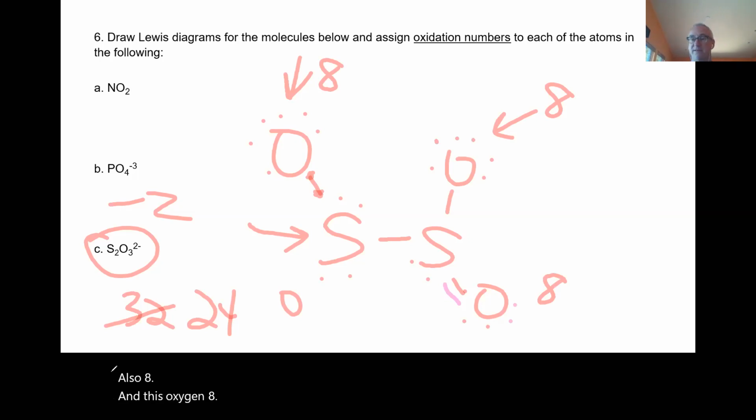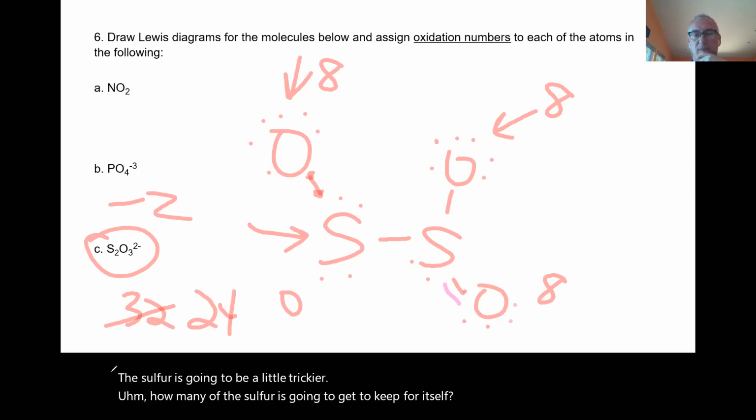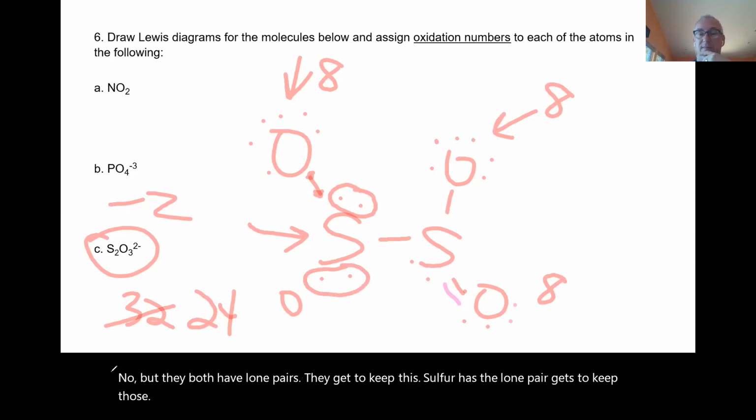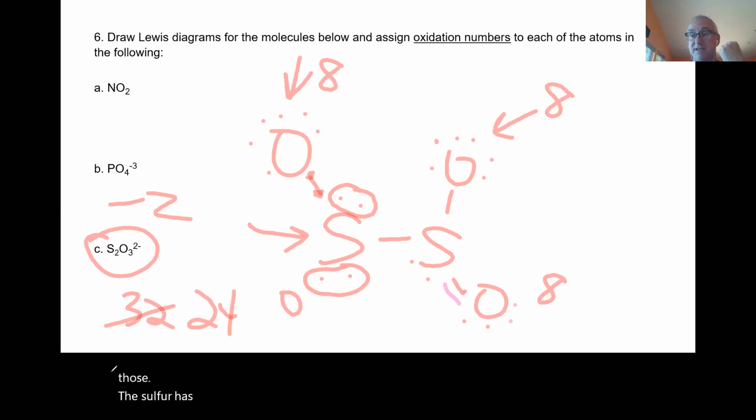Now, the sulfur is going to be a little trickier. How many is the sulfur going to get to keep for itself? If they both have lone pairs, they get to keep those. This sulfur has the lone pairs, it gets to keep those. This sulfur has a lone pair, the same as 2 lone pairs, gets to keep both of them.